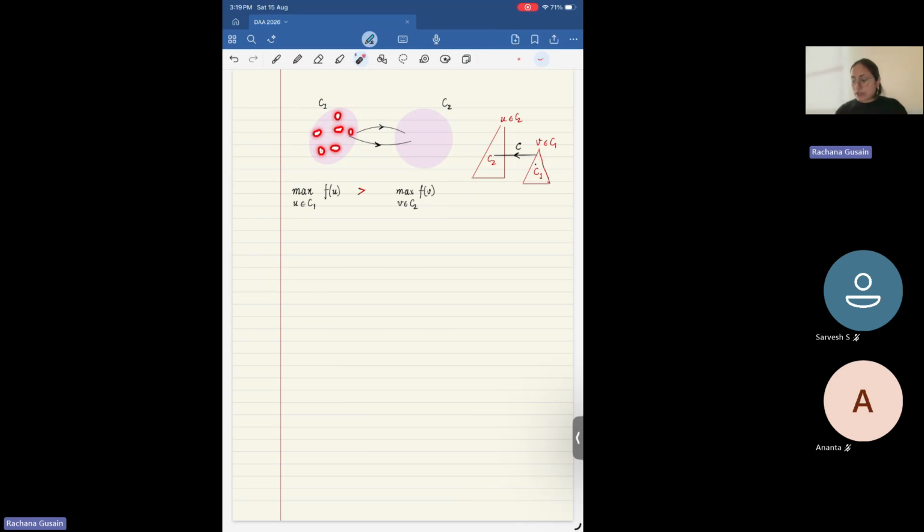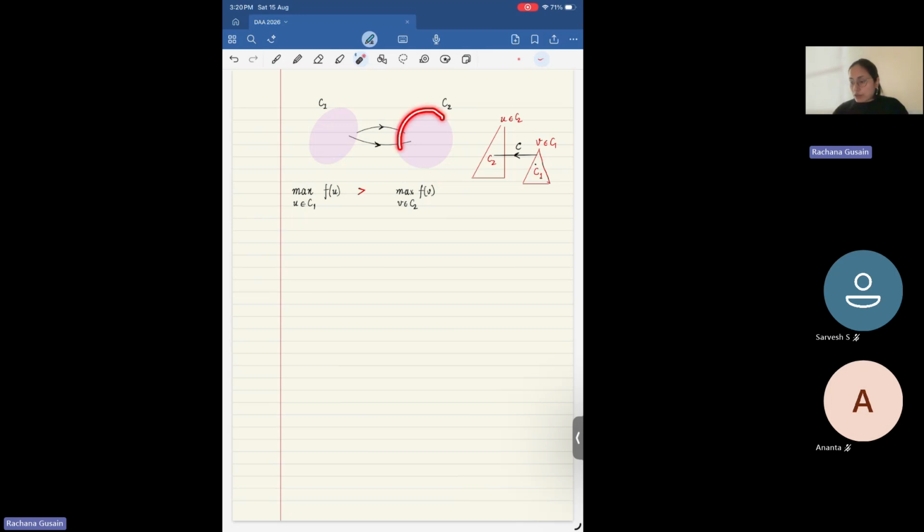There are multiple vertices here, a few vertices there. Run DFS on this. I want to look at the finish time of every vertex. So I look at the finish time of every vertex in the component C1 and find the one which has the maximum finish time.